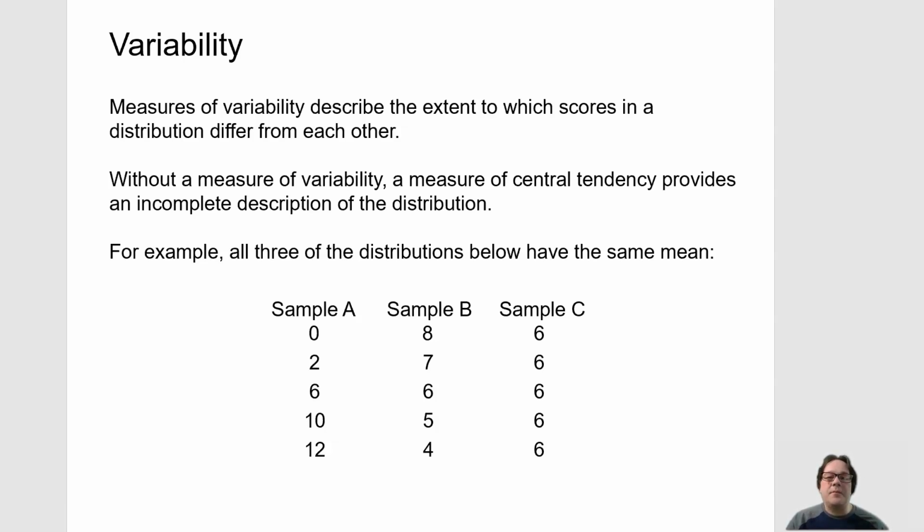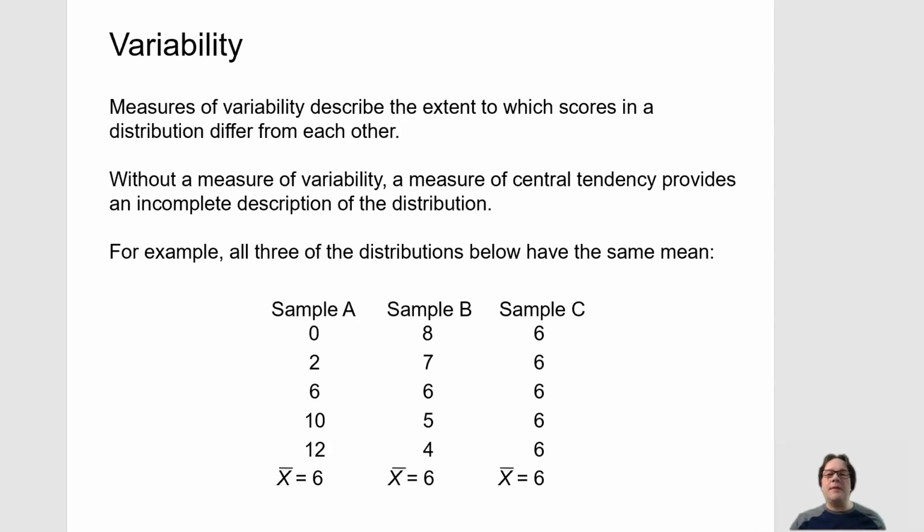Then we have sample B: 8, 7, 6, 5, and 4. And then sample C, all 6s. All of these distributions have a mean of 6. But clearly, the scores in sample A are more different compared to the scores in sample B, and definitely compared to the scores in sample C, because the scores in sample C are exactly the same, right?